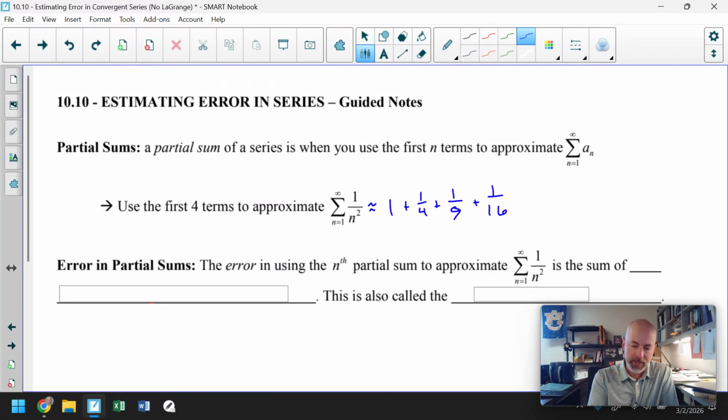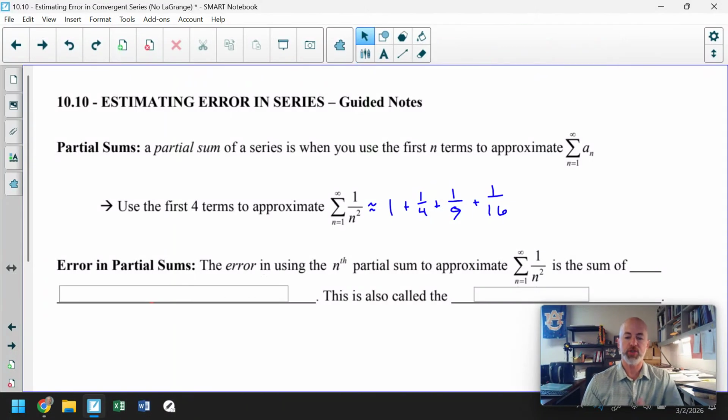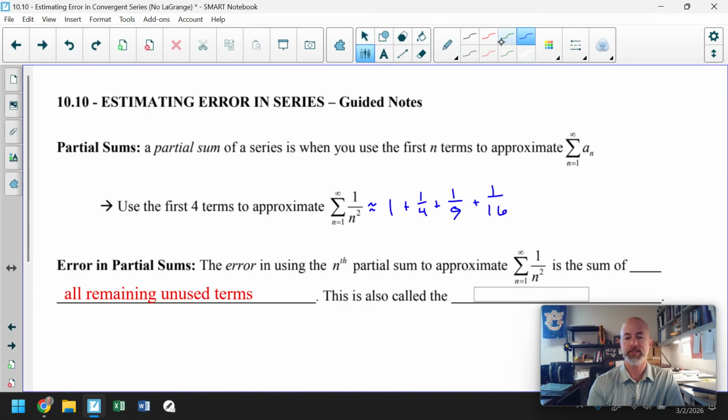That's approximately the sum of that series, but it's not exact because I left off a lot of terms. What we're going to try to do is estimate the error in that partial sum. The exact error is always going to be the sum of all of the terms I did not include.